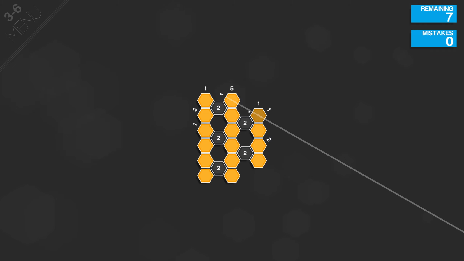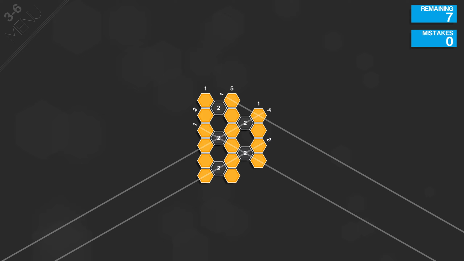And one of these must not be blue. Also, one of these. So one of these is blue, and one of these is blue. And also, 2 of those are blue. Now I'm just stating facts, aren't I?